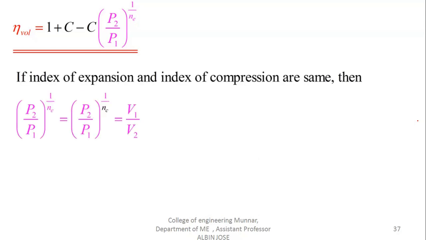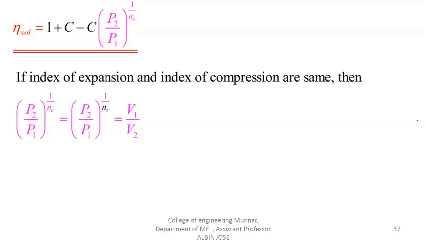Now again we take an assumption that the index of expansion and the index of compression are the same, that means polytropic compression and polytropic expansion have the same index. Then P2 by P1 all raised to 1 by Ne is equal to P2 by P1 all raised to 1 by Nc, where Ne is equal to Nc.